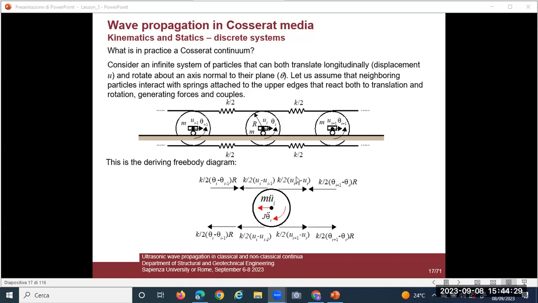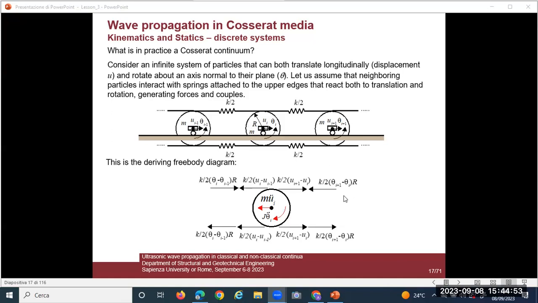But if the particle rotates, you see that this point moves. In particular, it moves by a quantity r, the radius of the particle, times theta sub 1, the rotation, for small rotations.